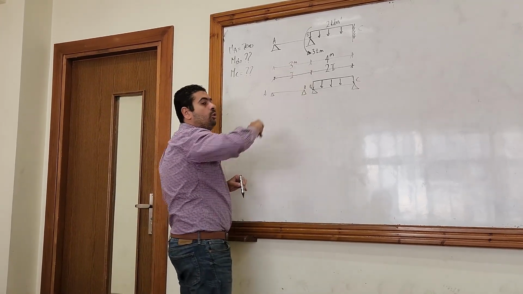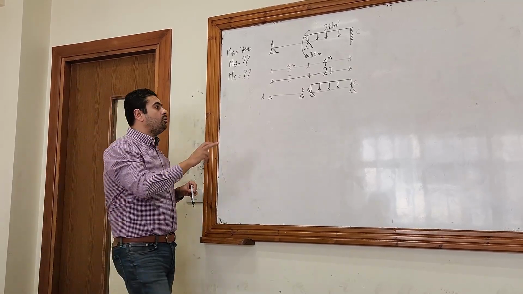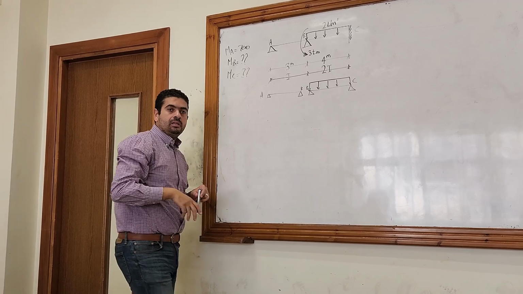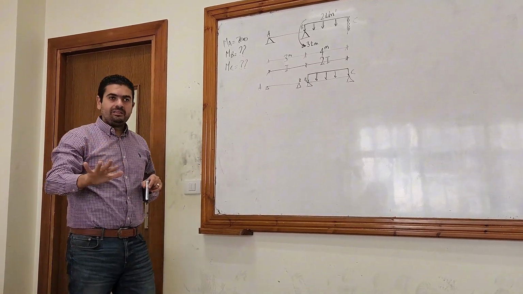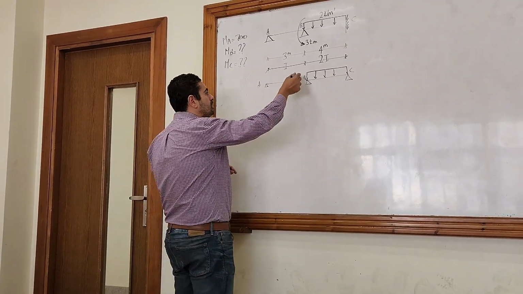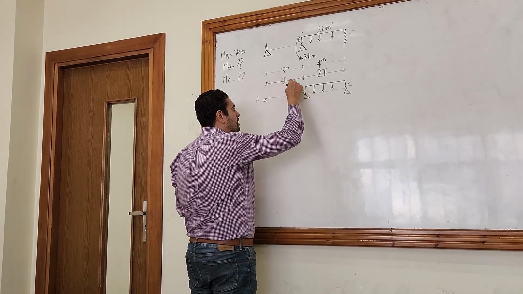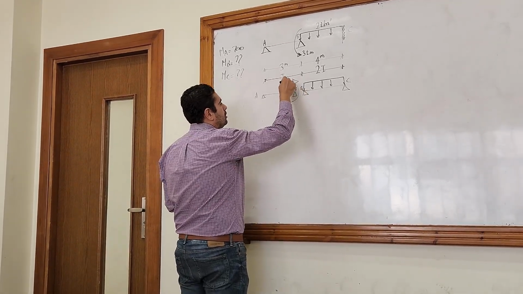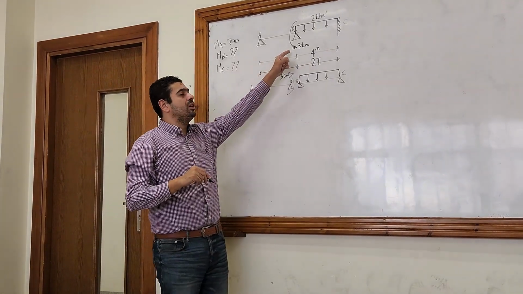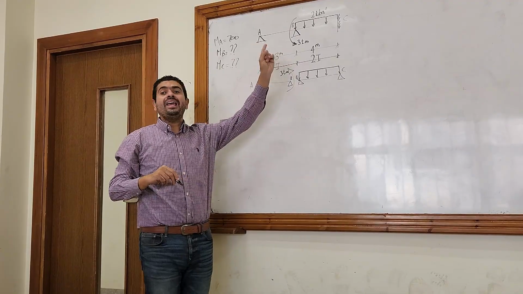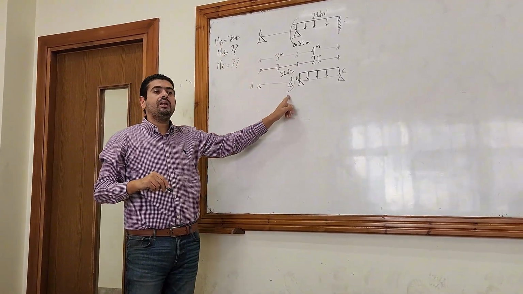What is the direction of the moment? It's anti-clockwise, right? So take care when you put it on the other span, it has to remain in the same direction, anti-clockwise. So when you put it on the span AB at B, it has to be like this. No one come and ask me, oh, why? Here, the tail of the moment is upwards, and you are now putting the tail downwards.